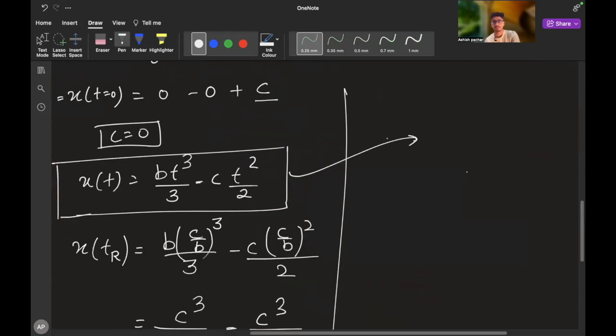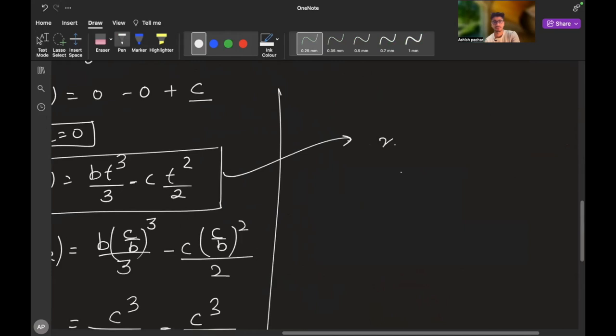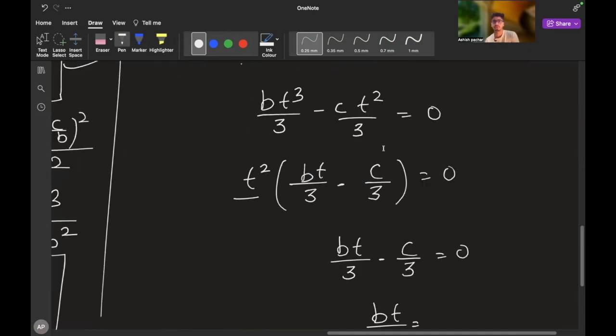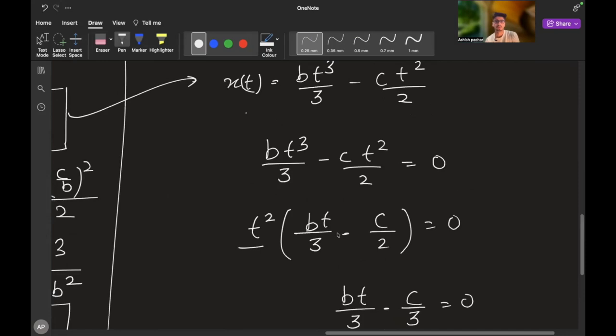So this is xt, bt cube divided by 3. Sorry, this is 2 here.